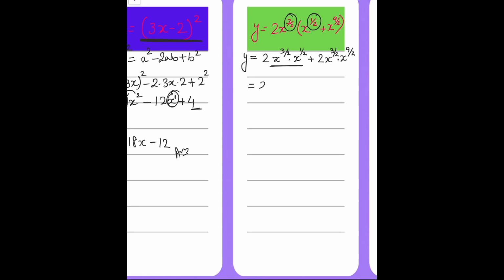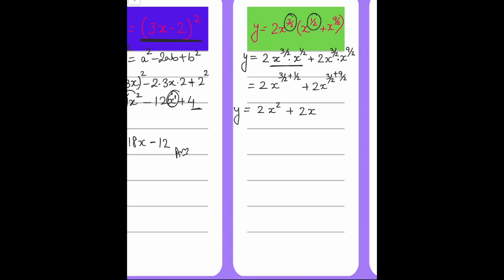So we will have to do 2x to the power 3 over 2 plus half, and plus 2x to the power 3 over 2 plus 9 over 2, right? That gives us y equals 2x. Now 3 over 2 plus 1 over 2 is going to be 4 over 2, which becomes 2, plus 2x.